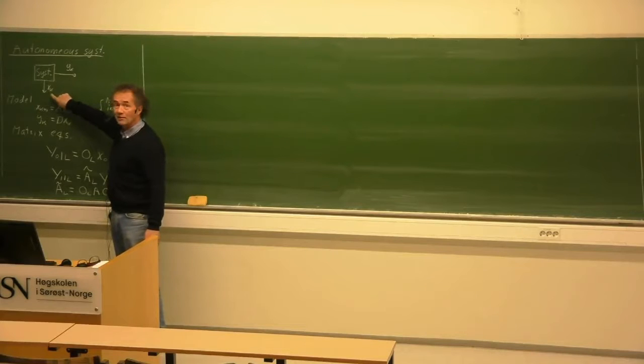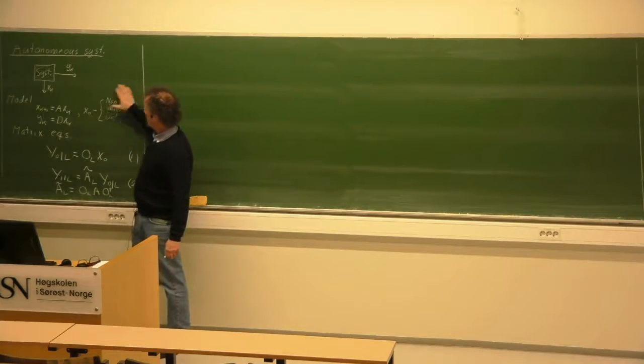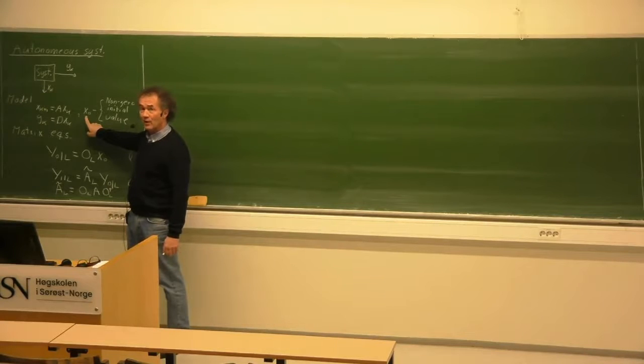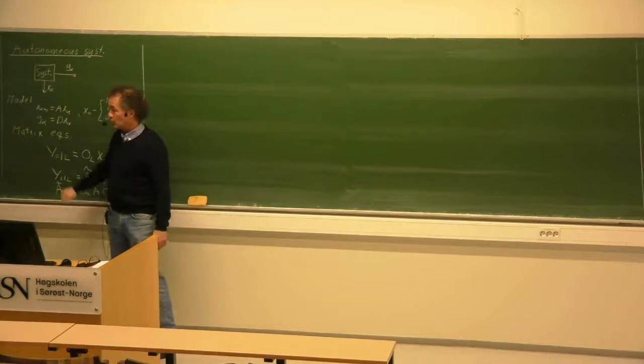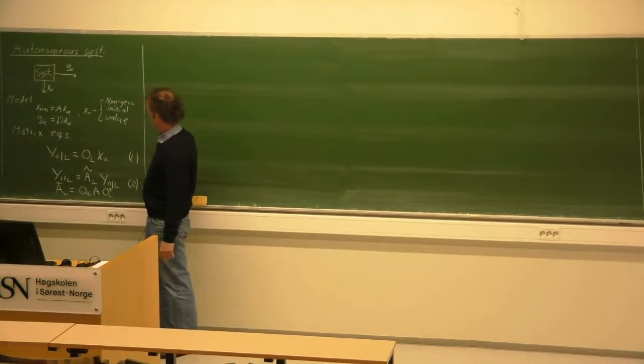The system is dynamic with a given state vector x, described by a linear state space model. Then there is an initial non-zero state vector, x0, which is influencing the output, like this.